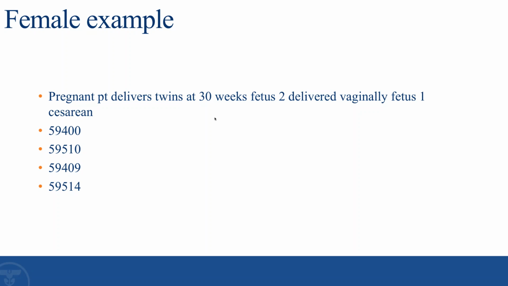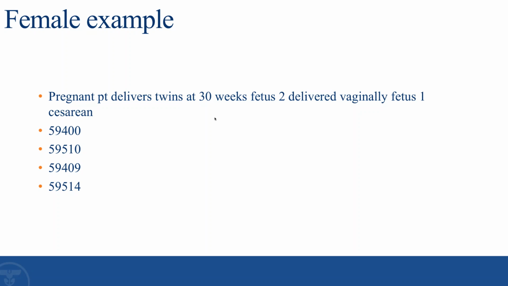So you can do your routine 59510 for the cesarean delivery. And then for the additional baby, because it's going to be delivery only, you're going to do your vaginal delivery only, right? That's going to be your 59409. So 59510 for the global, because we got to get paid, because he did see mom from beginning to end. And she also delivered 2 babies.